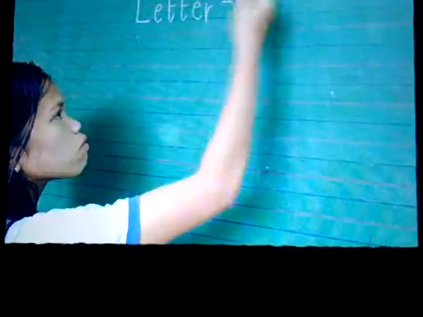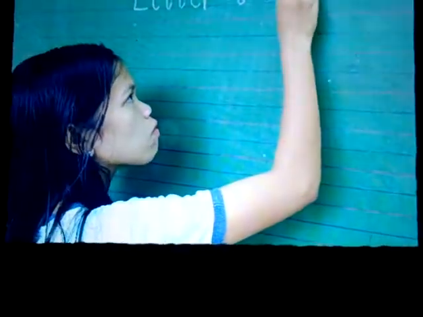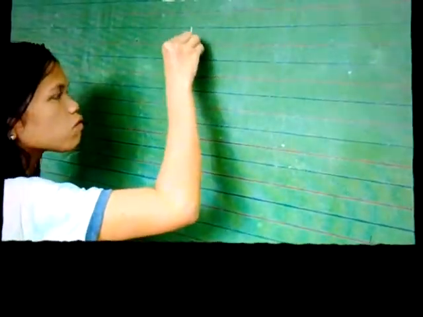The shortened stroke for T is a short upward straight line. Example of this is the word it.